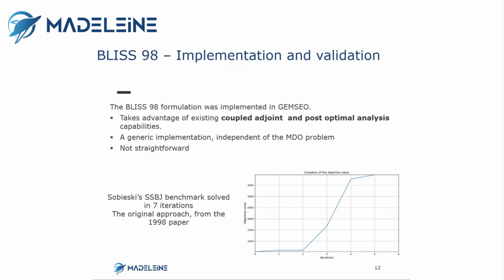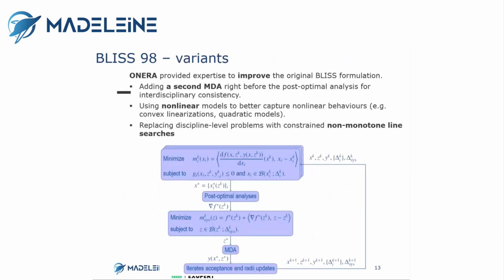Then we validated this MDO formulation on the test case provided by Sobieski in the original paper. It's a supersonic business jet problem, and we could find the same results as in the original paper, which is also the same optimum as provided by the MDF formulation.